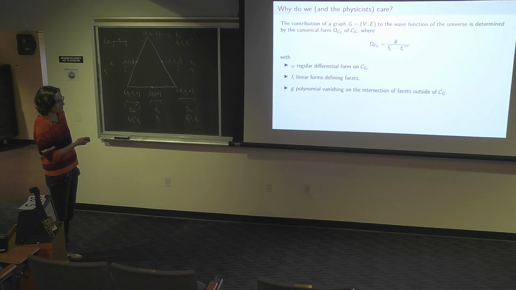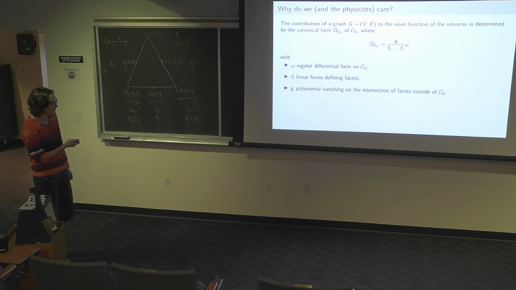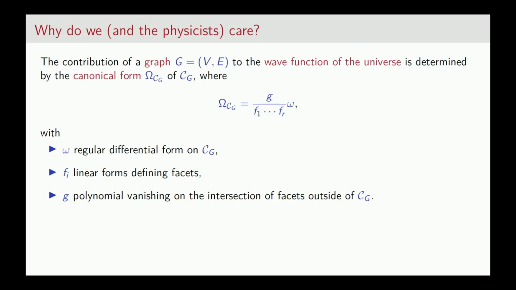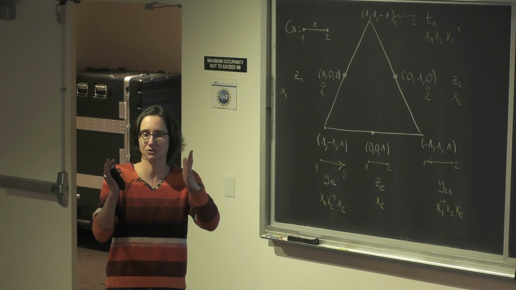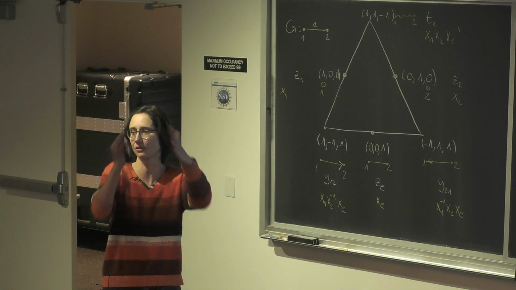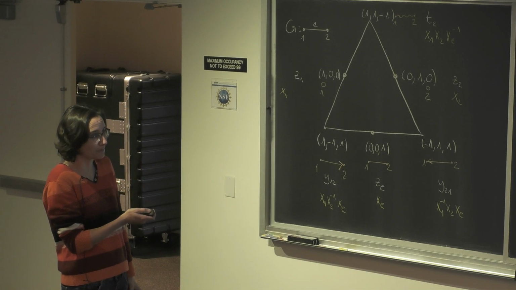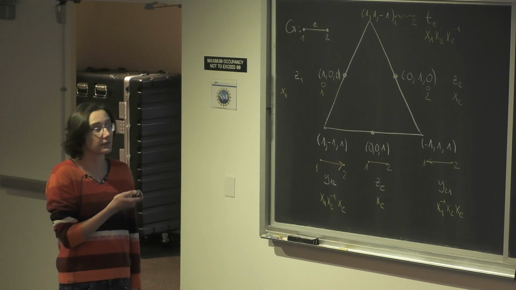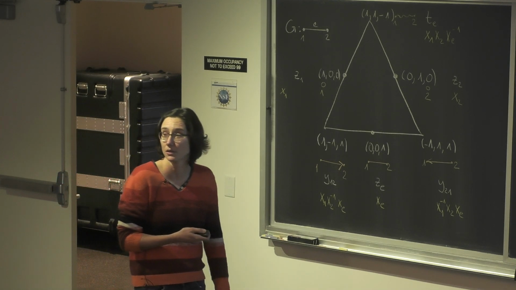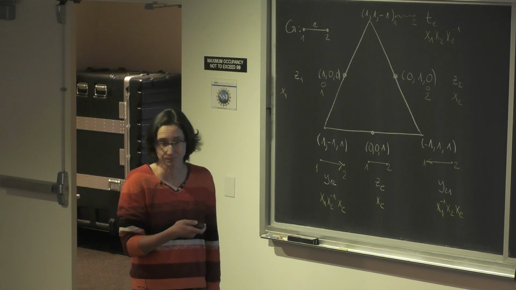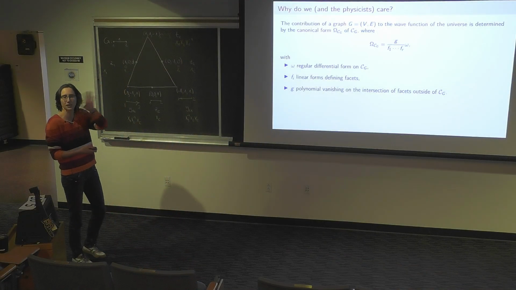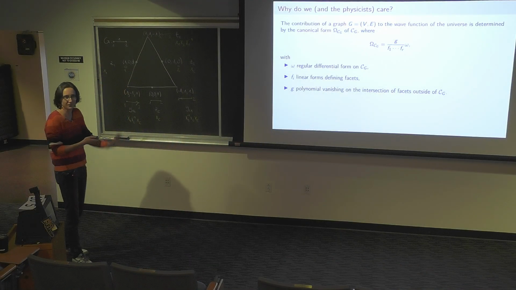The numerator is more difficult, so it's a polynomial which vanishes on intersections of facets of the polytope, but only those which do not lie inside the polytope. So basically, you take two facets which don't share another face, and you intersect them. And in particular, if you just have a simplex, then this polynomial g will just be 1. So it's extremely simple in this case. And then there is a certain sign. So you have to orient stuff, but roughly that's it.